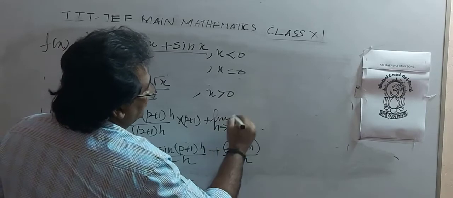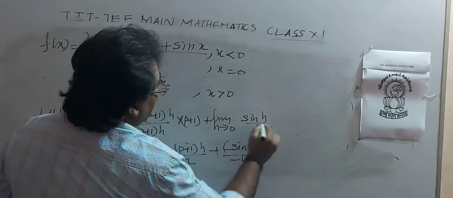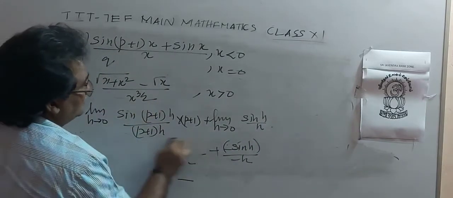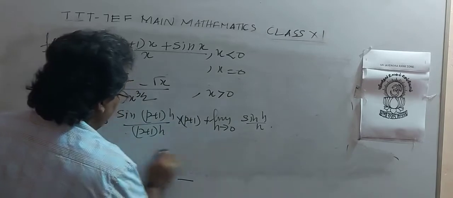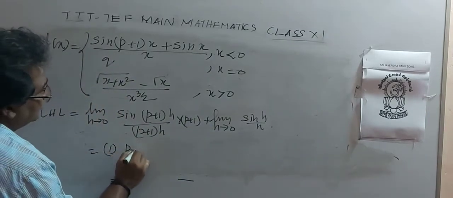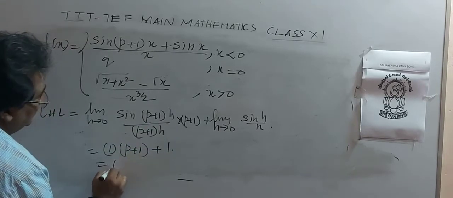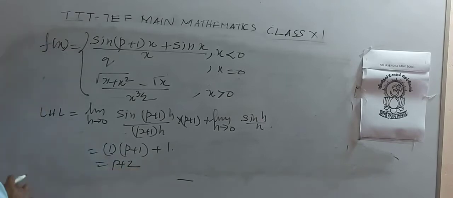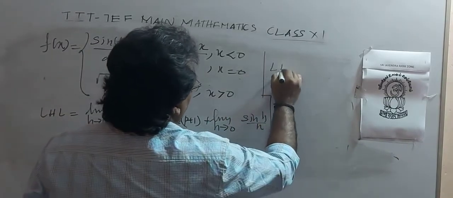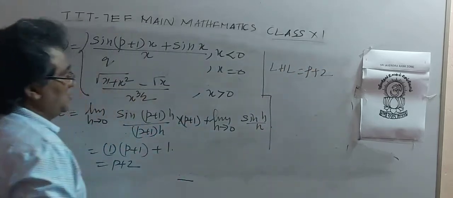Limit h tends to 0 sin h by h. So 1 into p plus 1 plus 1, which implies p plus 2. So LHL equal to p plus 2.